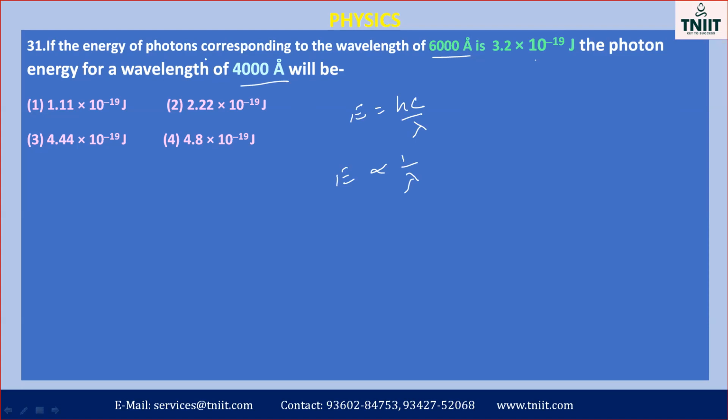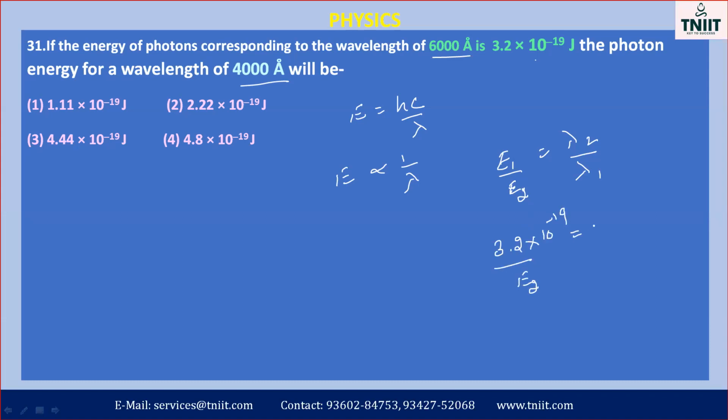So what is E1 by E2 then? Lambda 2 by lambda 1. Very good. E1 by E2 value will be lambda 2 by lambda 1. So what is E1? 3.2. You have to calculate E2.